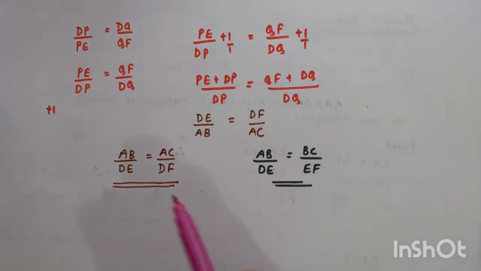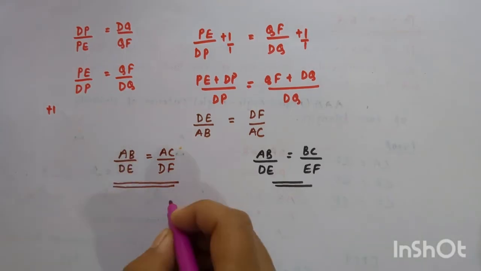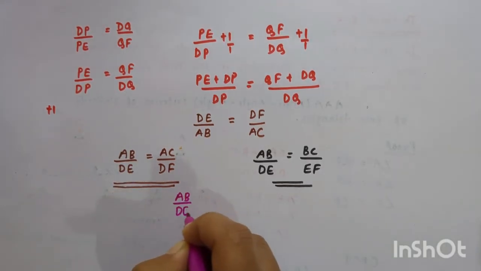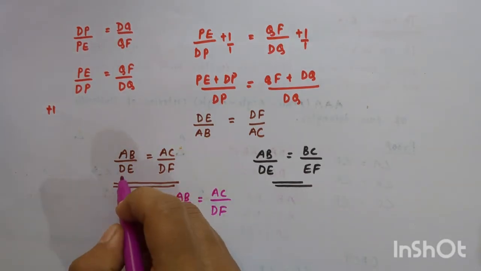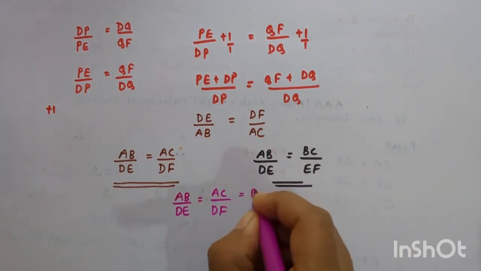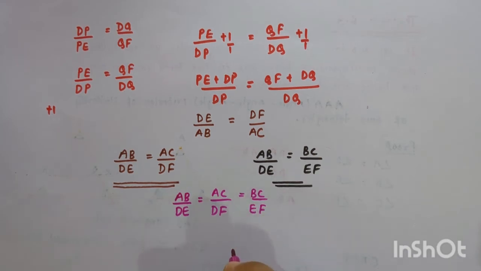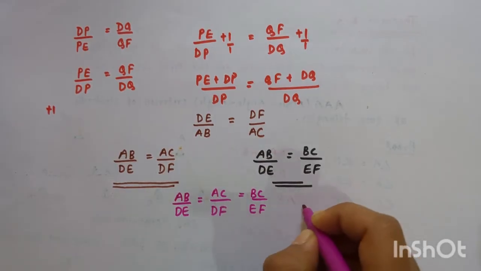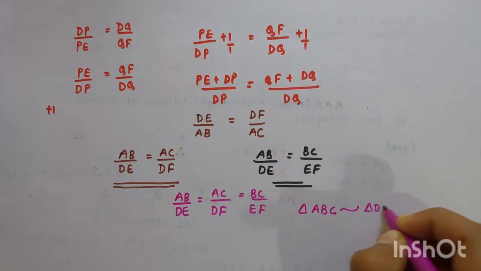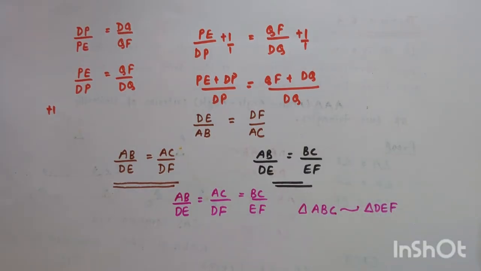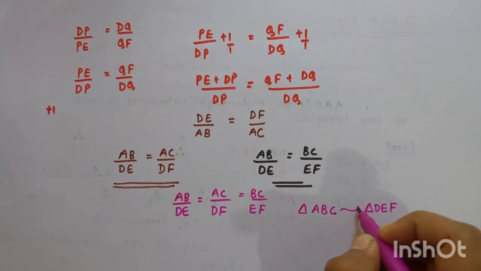So comparing these two, AB by DE is equal to AC by DF, and AB by DE is also equal to BC by EF. That is, the sides of both triangles are in the same ratio or the same proportion. So we can say that triangle ABC is similar to triangle DEF. This symbol stands for similar to.